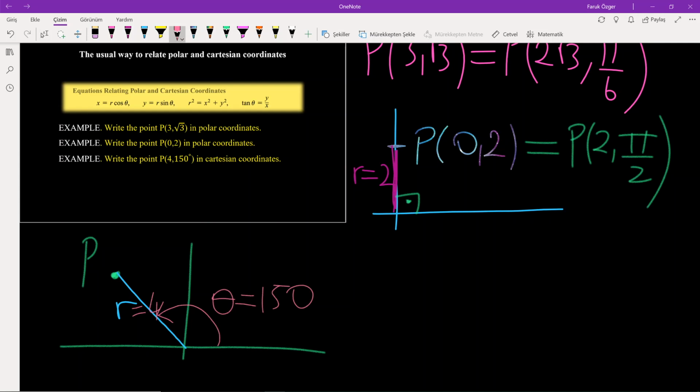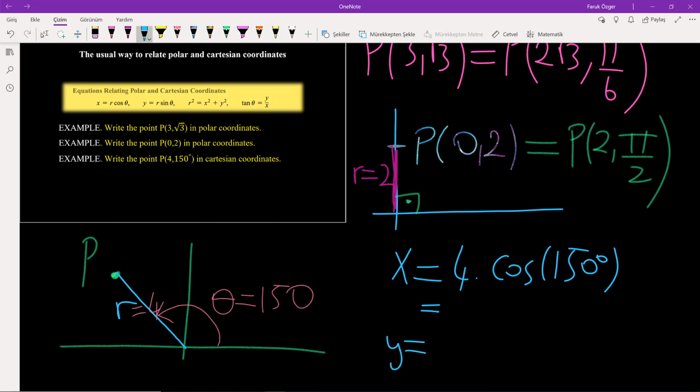So if you remember the related formulas, we have x equal to r times cosine theta, 4 times cosine 150 degrees, and y is equal to r times sine theta.